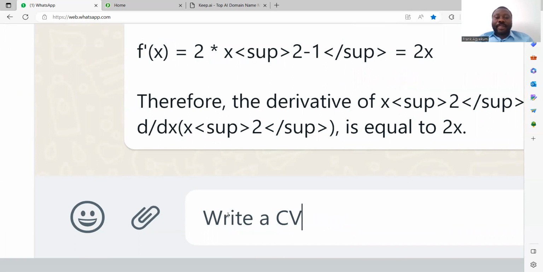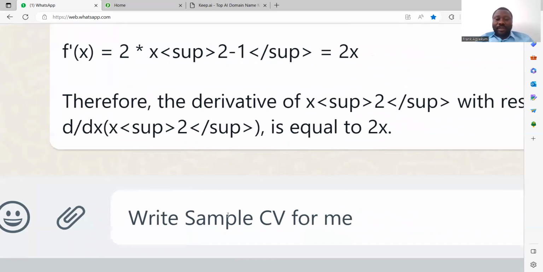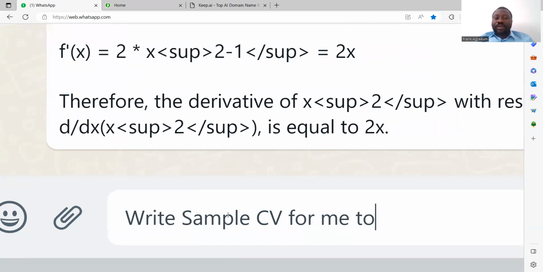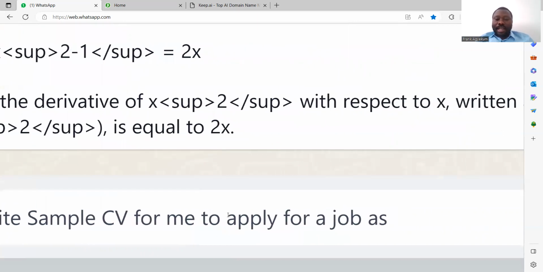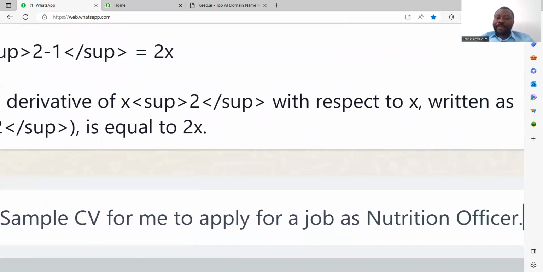Write a CV. Okay, it is important to refine your question. Other than that, you cannot get the right answer. Write a sample CV for me to apply for a job as a nutrition officer.